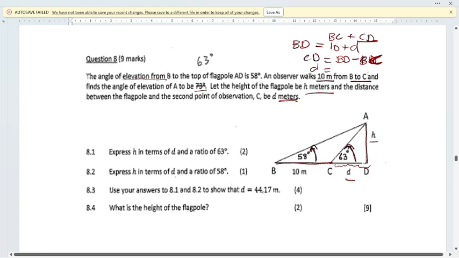Okay, now having BD as a big length, if it's divided into two parts, BC and CD, I can write that CD equals BD, the big length, minus BC. So if you get BC, you get BD minus CD.